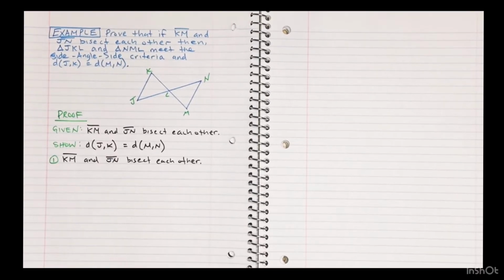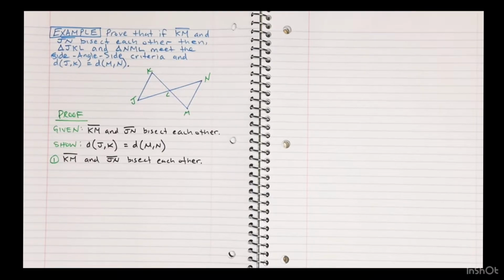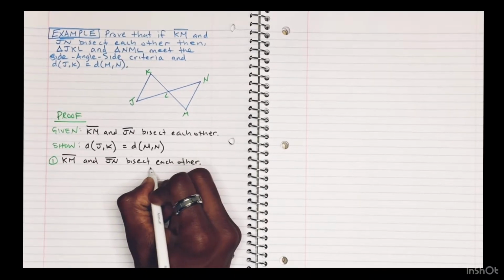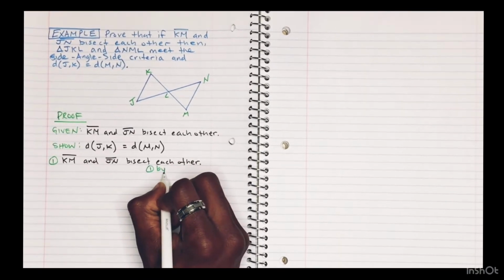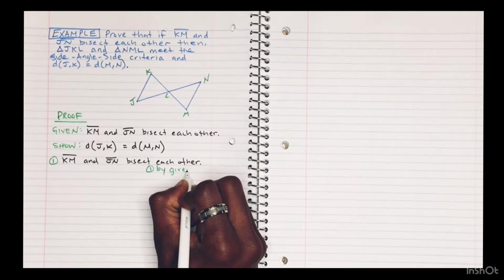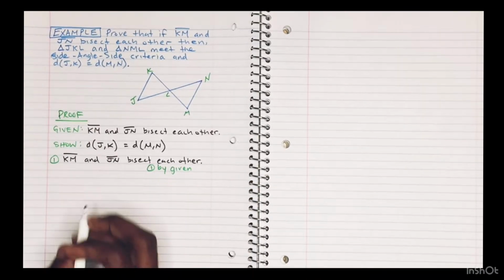And our justification, which you should be putting on all your proofs, is that this is the given statement. Anytime you write a direct proof, which is what we're doing right here, your first step is always going to be rewriting the given statement. So here I'm just going to write my justification as by given, and that's enough.